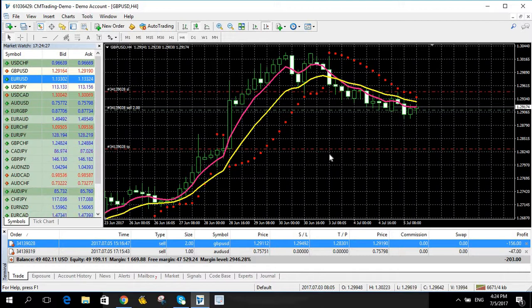Okay. Number 6, do not interfere with your placed trade. Stick to the plan and trade the plan. So plan the trade and trade the plan. And that is why you don't need to rush into placing trades.